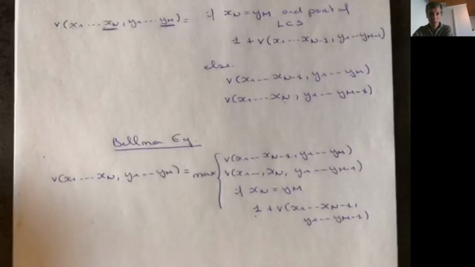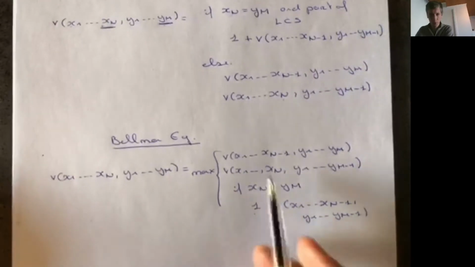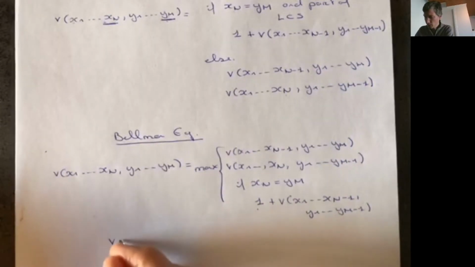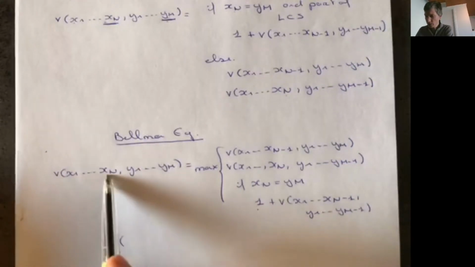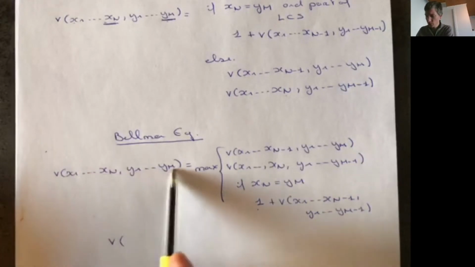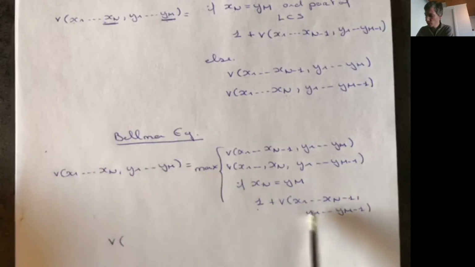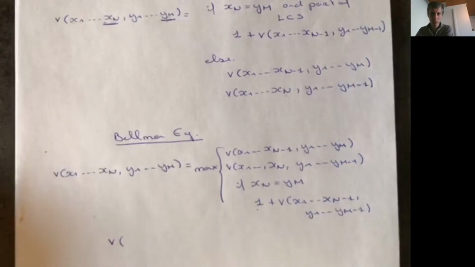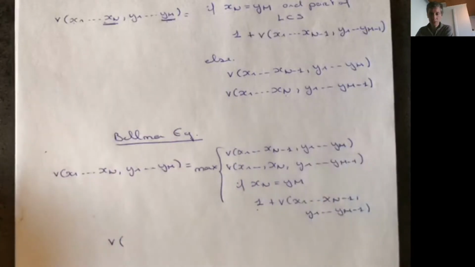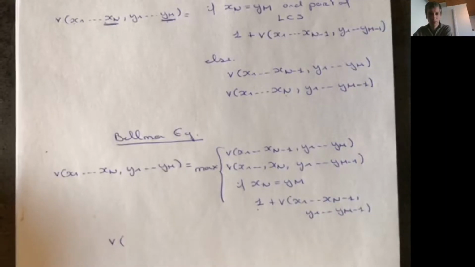And of course, I also have to consider base cases. What's the smallest problem that I can tackle? If I go to the right hand side, either this one will become shorter or this one will become shorter, or they're both going to be shorter. So after n iterations or m iterations, one of the two substrings will be of length 0. There will be no letter in there anymore.